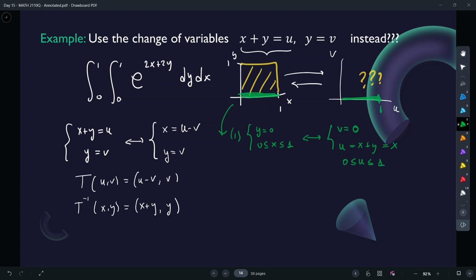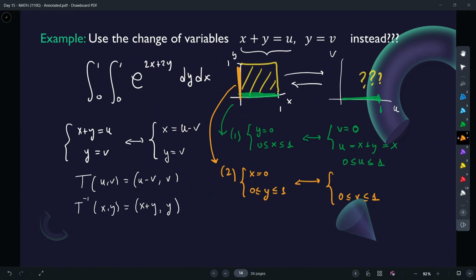Okay, the same interval. Now let's maybe change colors. In orange, what is happening to that line? That line is x equals 0, and y is going between 0 and 1. So what is happening to y is v. So v is also going from 0 to 1.